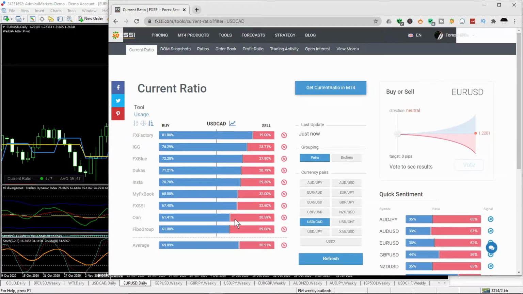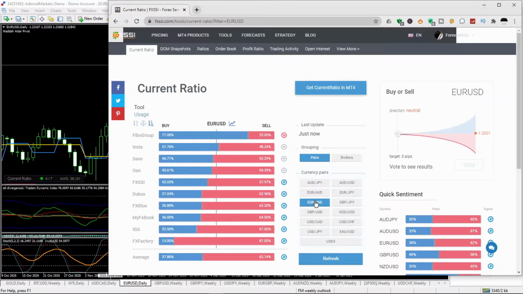We have this going long, so the consensus from a lot of the brokers is that the retail traders are long, and so we get the CAD going short. All right, so that's the sentiment on the CAD. And on the euro, we have the sentiment on the retail traders going short. So it says that we should go long on the euro.